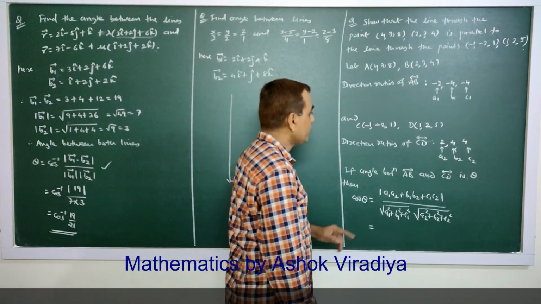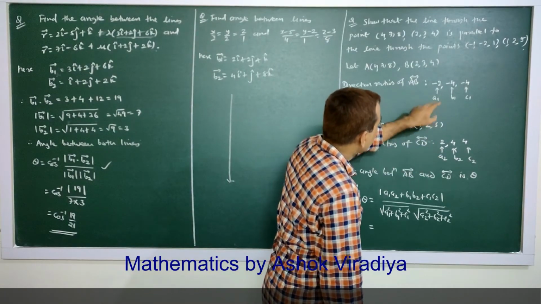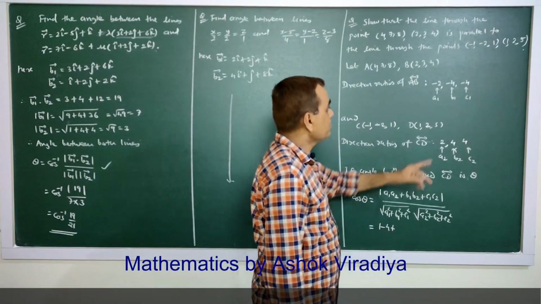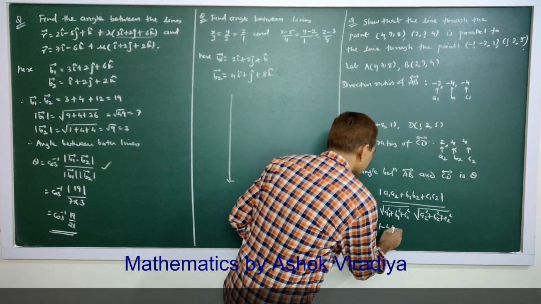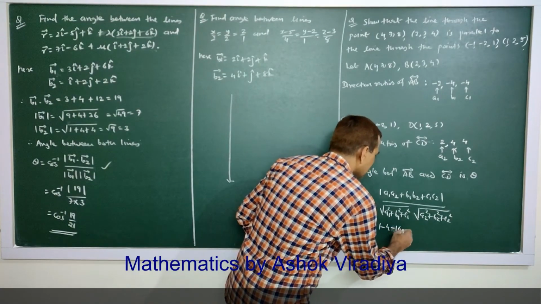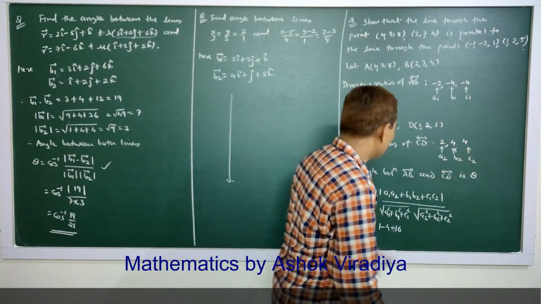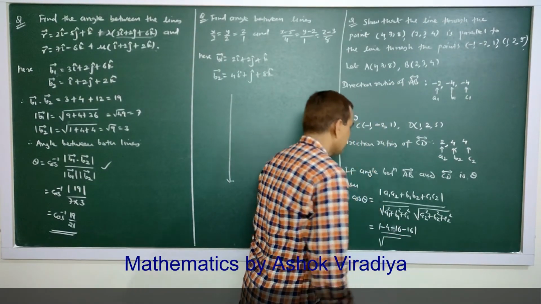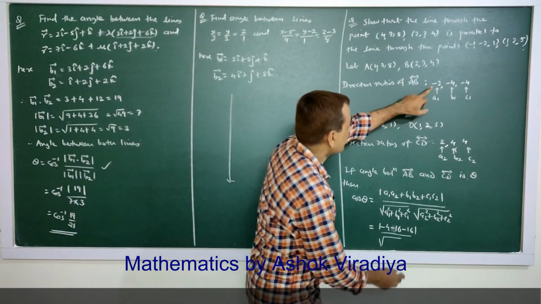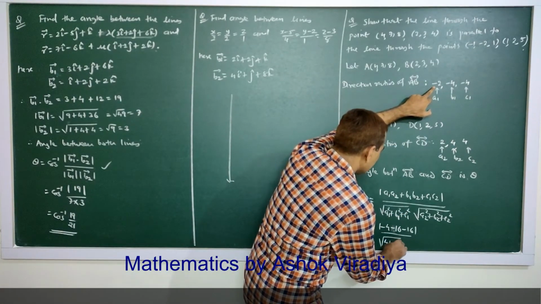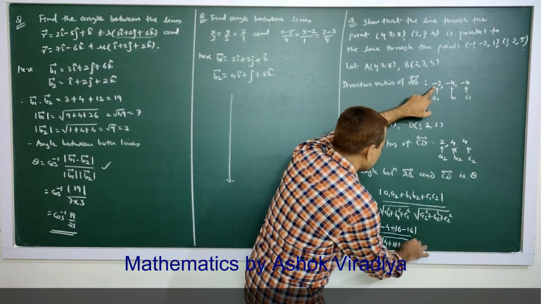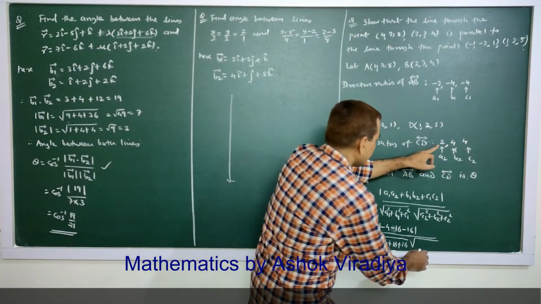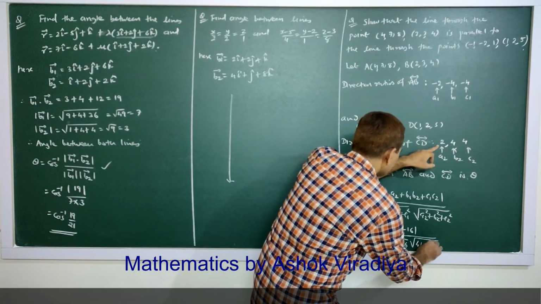So here this is equal to A1 into A2, minus 2 into minus 2, that is minus 4, plus B1 into B2, minus 16, plus C1 into C2, minus 16, upon square root of A1 square plus B1 square plus C1 square, that is 4 plus 16 plus 16, into square root of A2 square plus B2 square plus C2 square, that is 4 plus 16 plus 16.